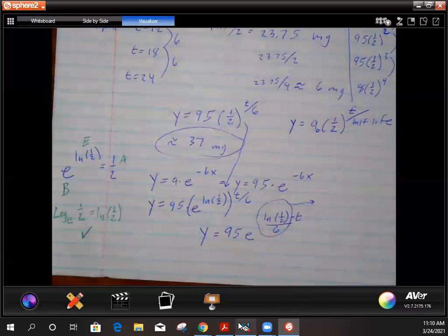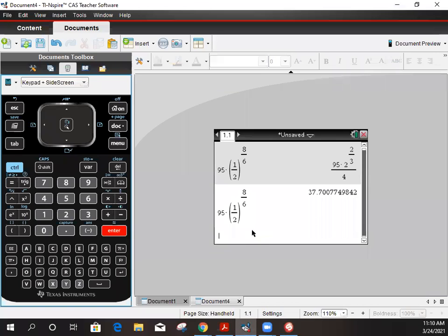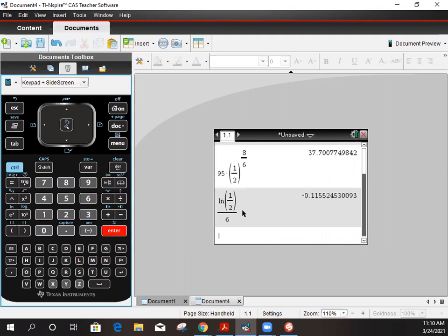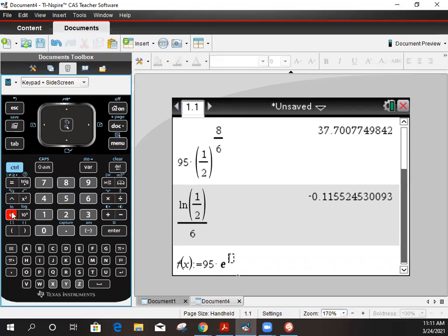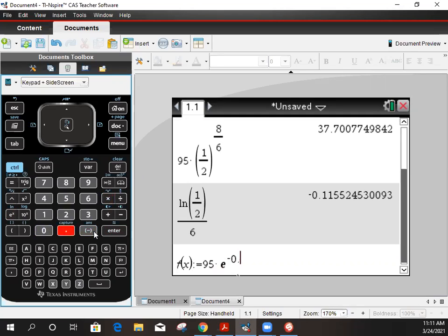If we pull up our calculator, we can estimate that as a decimal. We can say the natural log of 1/2 divided by 6 as a decimal is that, which means f of x we'll define as 95 times e to the negative 0.11552, we'll round up, let's go 2, times x.